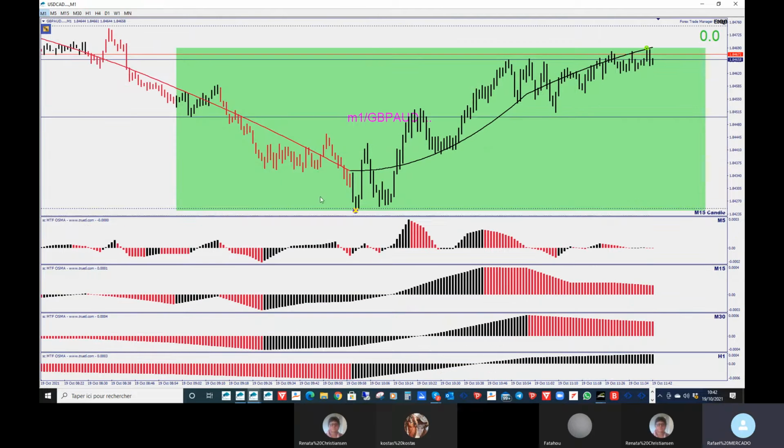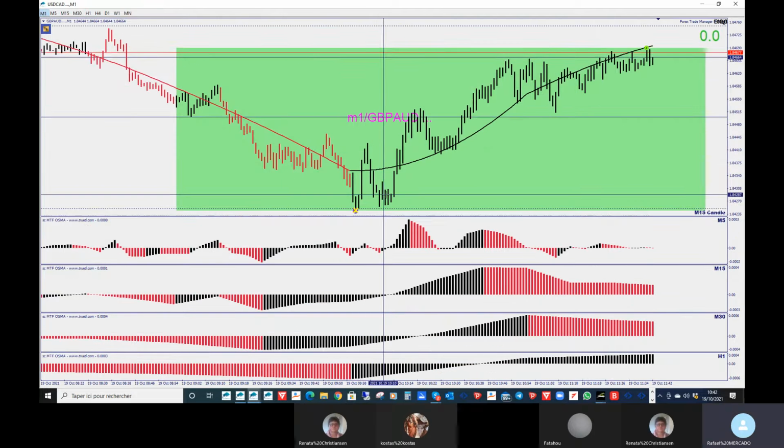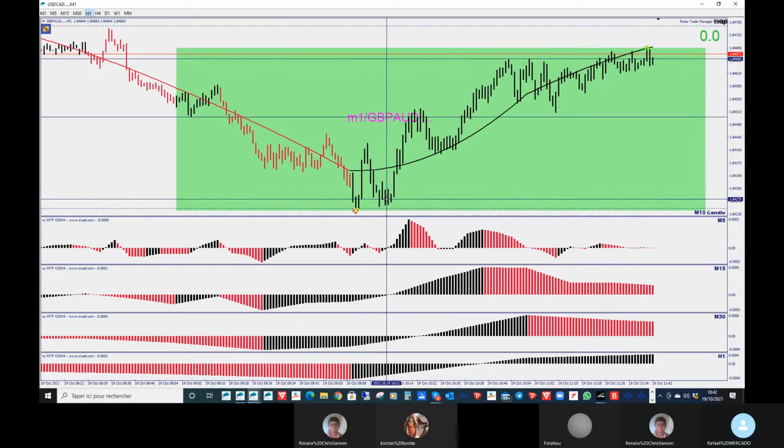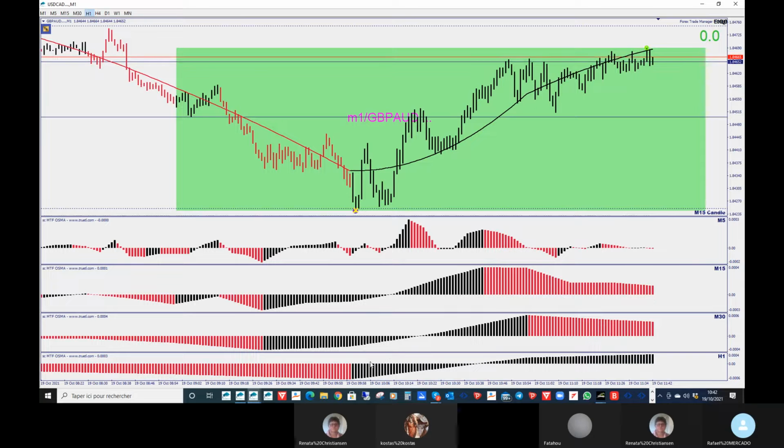Right. So you have to go down to your 1 minute and sync up with your 1 hour, because you're going to take the momentum of your 1 hour. Since your 1 hour is the one that's going to tell you your highs and lows of the session, you're pretty much just trading in the direction of your 1 hour.